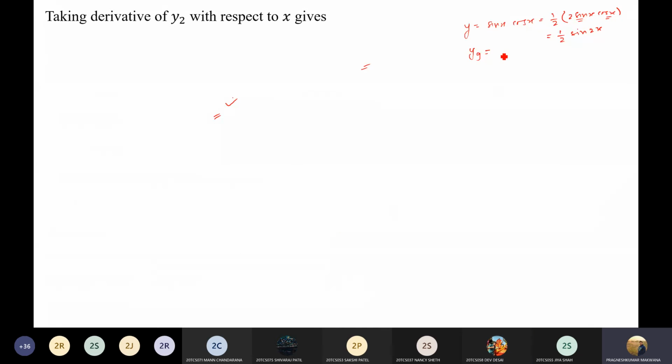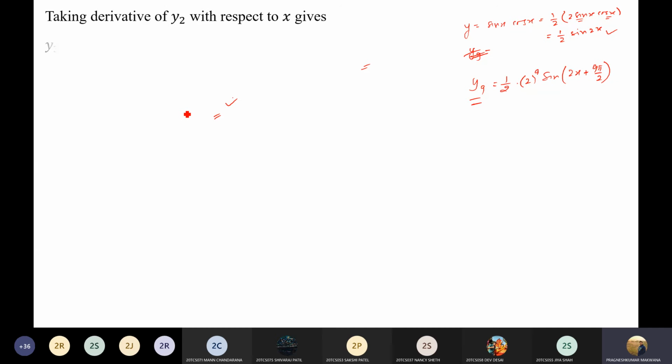So the answer of y9 is directly 1 by 2 as it is into 2 raised to 9 and sine(2x plus 9 pi/2). So this is the ninth derivative of the given function.